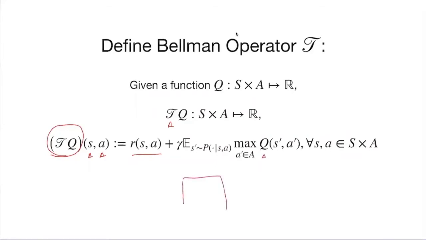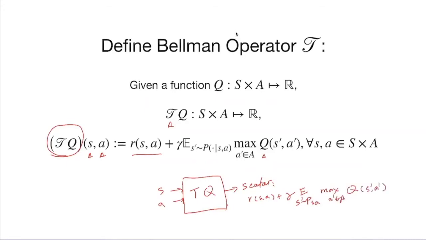In other words, you can think about this T times Q as a black box that takes input S, A and outputs a scalar, which is nothing but the usual quantity that we have seen many times.